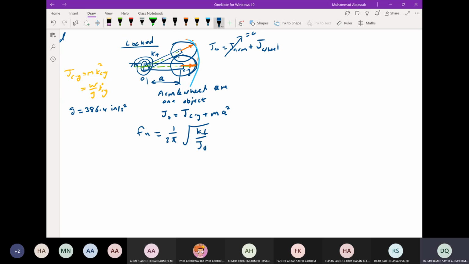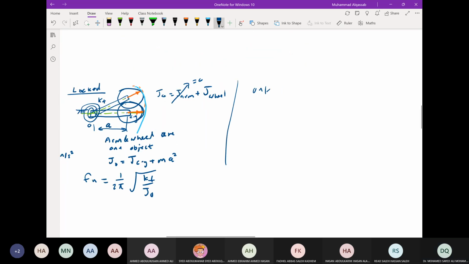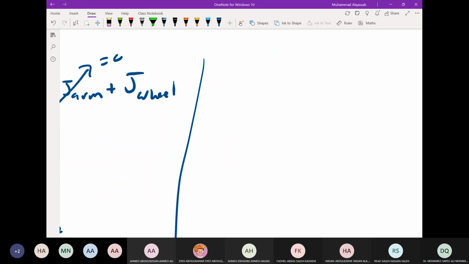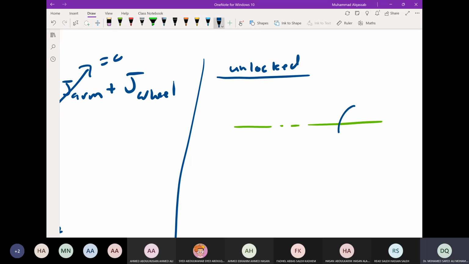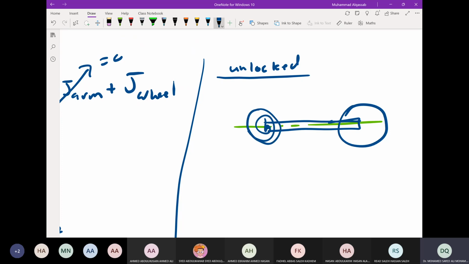For the unlocked case, I will do the same thing and draw the center line. Here is the wheel, and we have the arm. The shaft is representing a torsional spring.